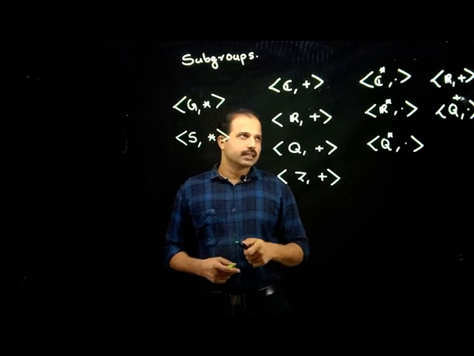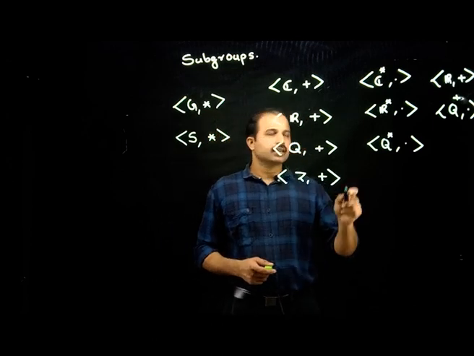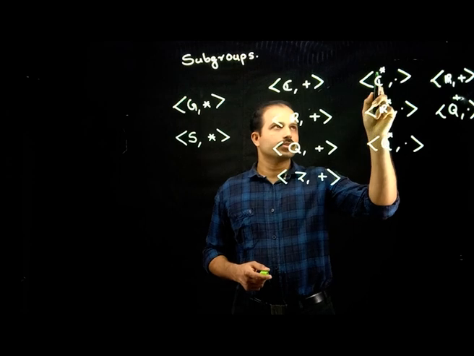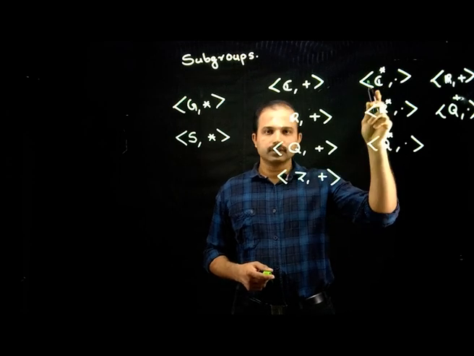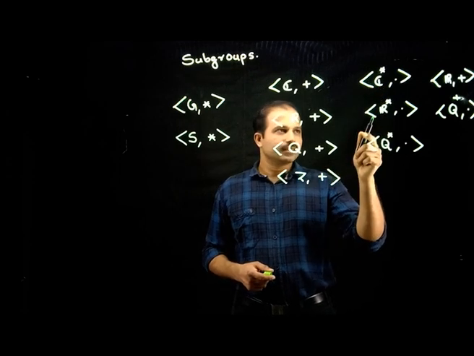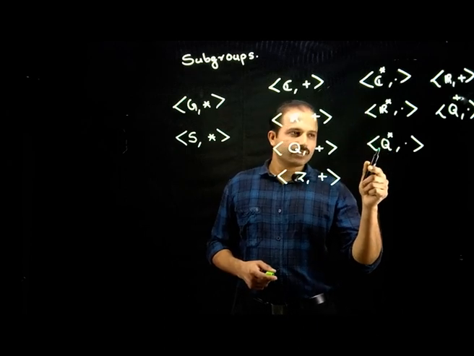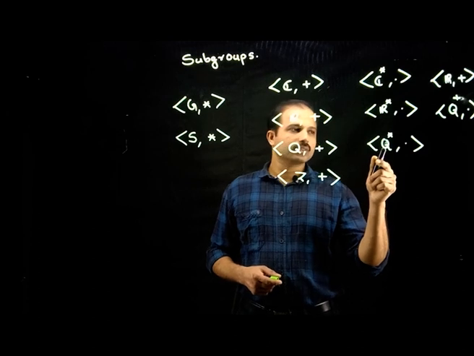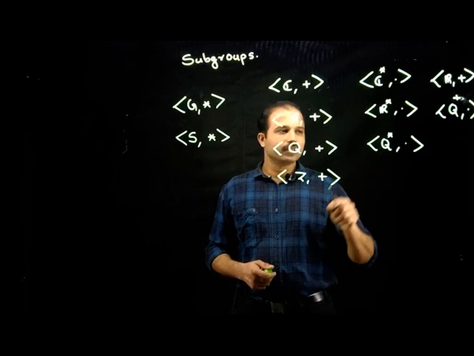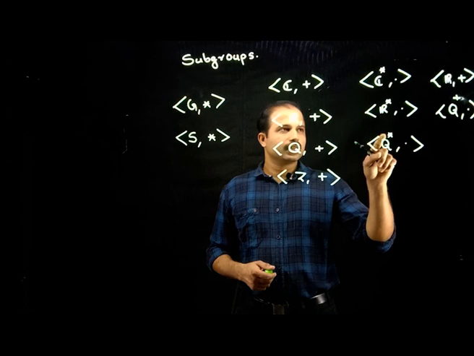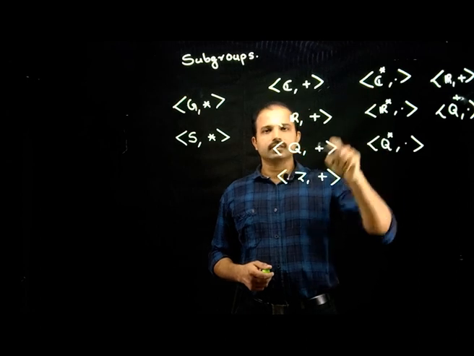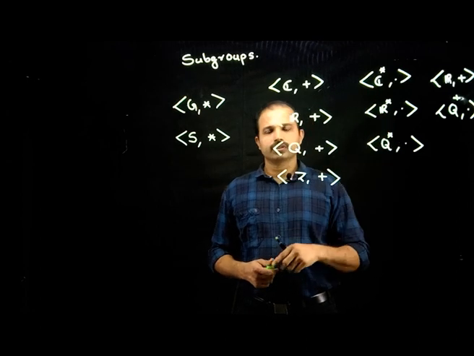Okay, now once again changing the operation, consider the set of all non-zero complex numbers under multiplication, which is a group, and the set of all non-zero real numbers under multiplication is a group. The set of all non-zero rational numbers under multiplication is a group, and we know that as sets Q star and R star are subsets of C star and they are groups.